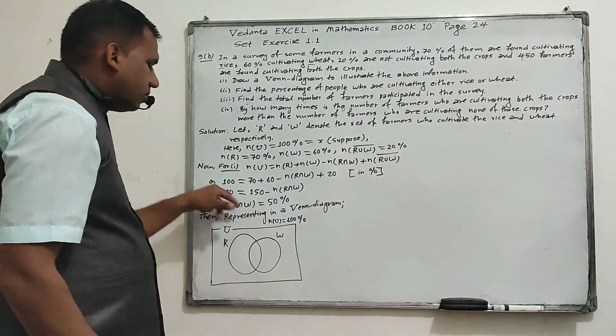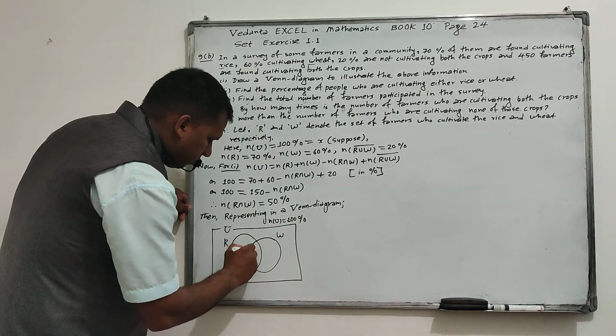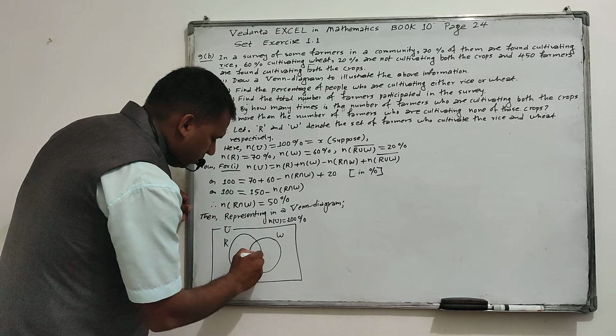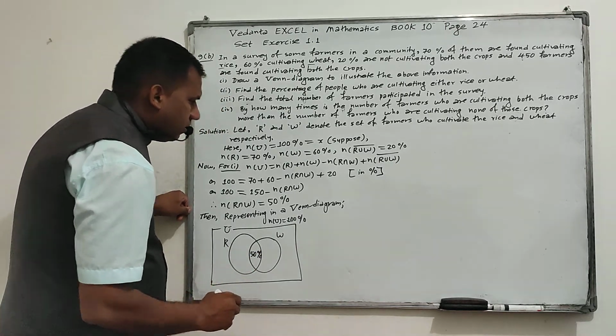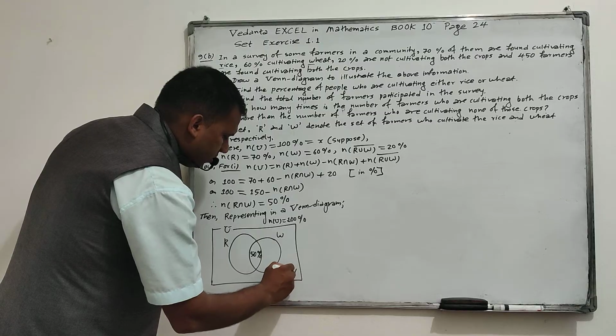Intersection data is 50%, so here 50%. Complement data is 20%, so here 20%.